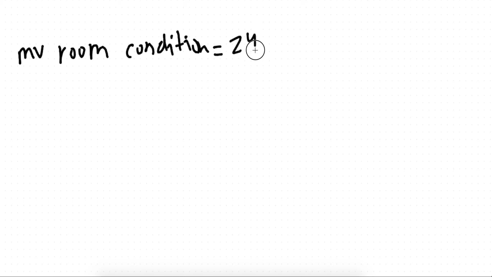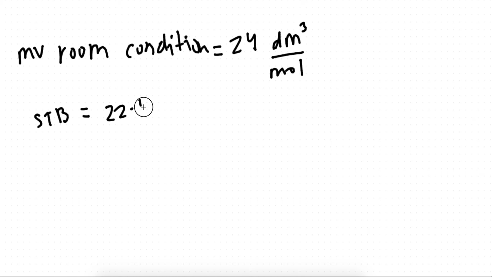One more thing, if molar volume is at room condition and it's not given, it will be given, but just so you guys know, molar volume at room condition is 24 decimeter cube per mole. If it was standard temperature and pressure, it would be 22.4 decimeter cube per mole.